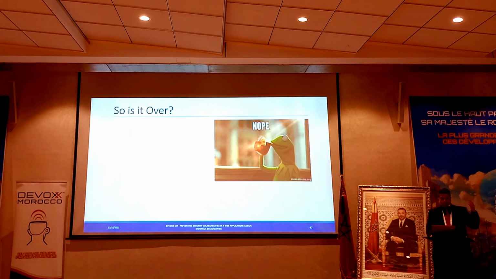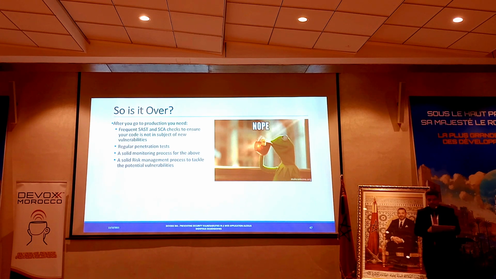Well, no. Because what happens if a vulnerability comes after the shipping to production? We need to use the SAST and the SCA tools frequently on the code that runs in production, even if the code is stale, even if we are not developing at that particular time.